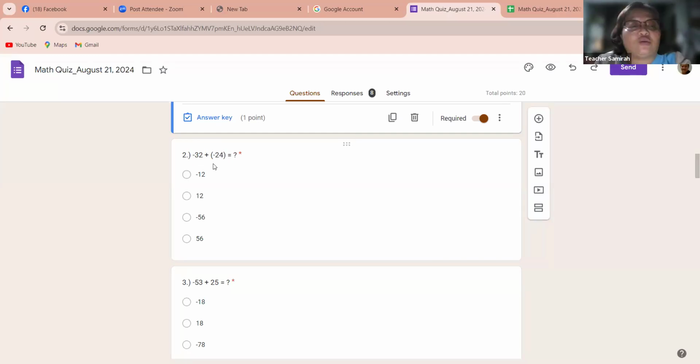According to Noel, both integers have the same sign. They are both negative. And then the operation used was plus or addition. Since both integers have the same sign, we do the said operation, which is addition. Then the sum will be a negative number.